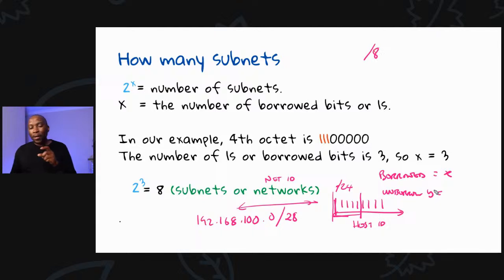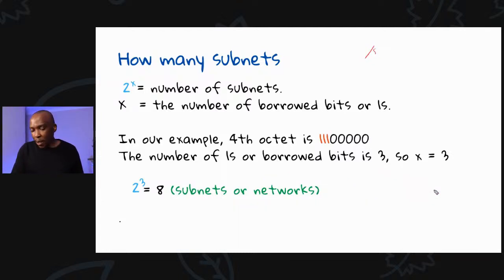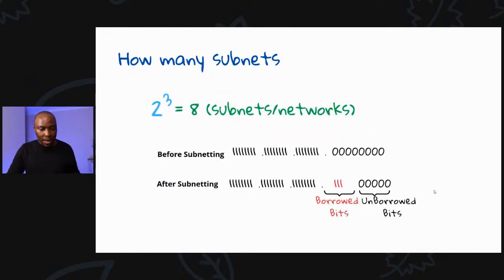So we can now take those values and put them in the formula and then get how big our subnets are going to be and what are going to be the IP addresses in those particular subnets. And that's what we are going to look into in the next example.